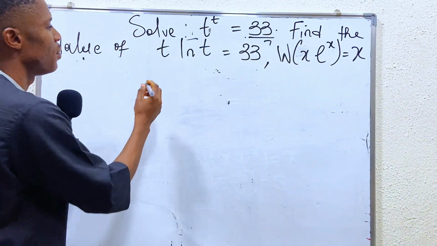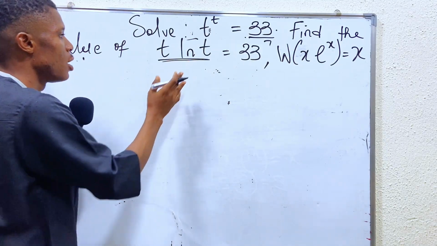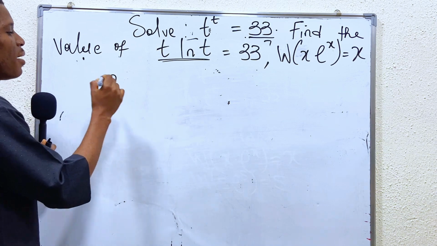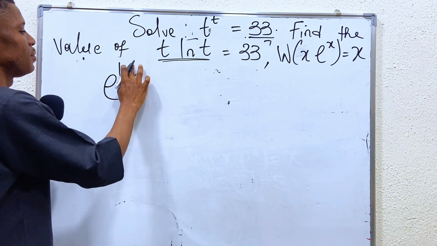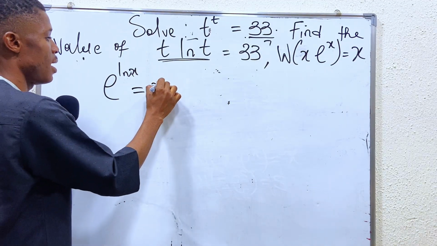The first thing we are going to do is simplify this term. You remember one of the identities we have, that whenever we have e to the power of ln x, the answer is x.